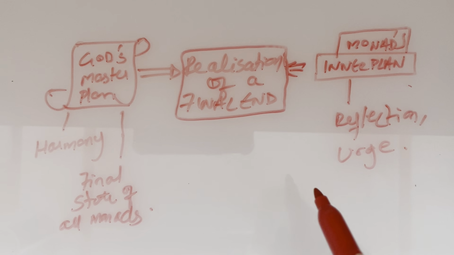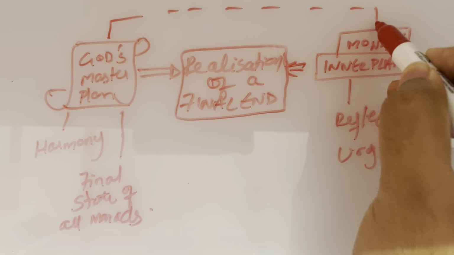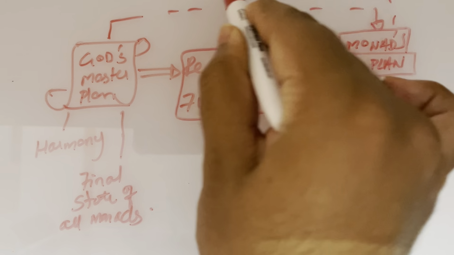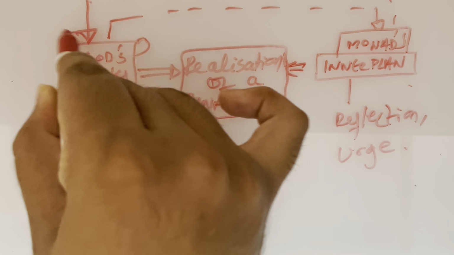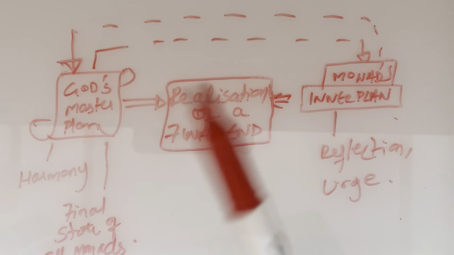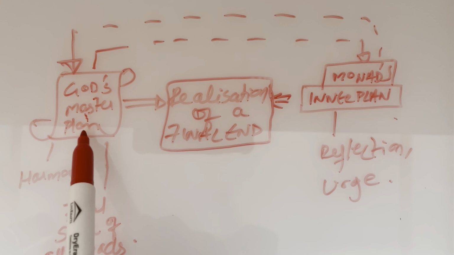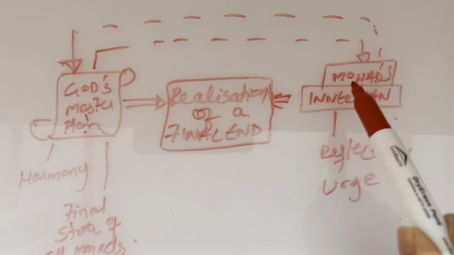Here we can see the pre-established harmony in its full glory. So here we have God's master plan for each and every monad, and we have the monad's inner plan.